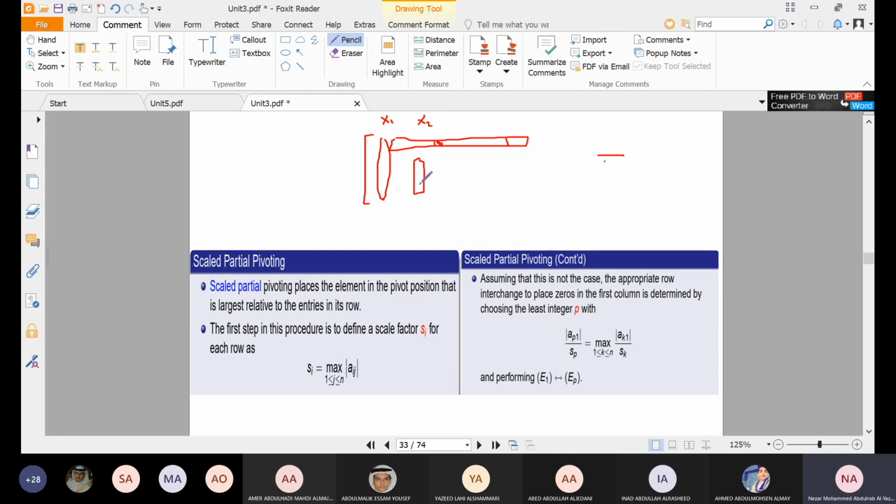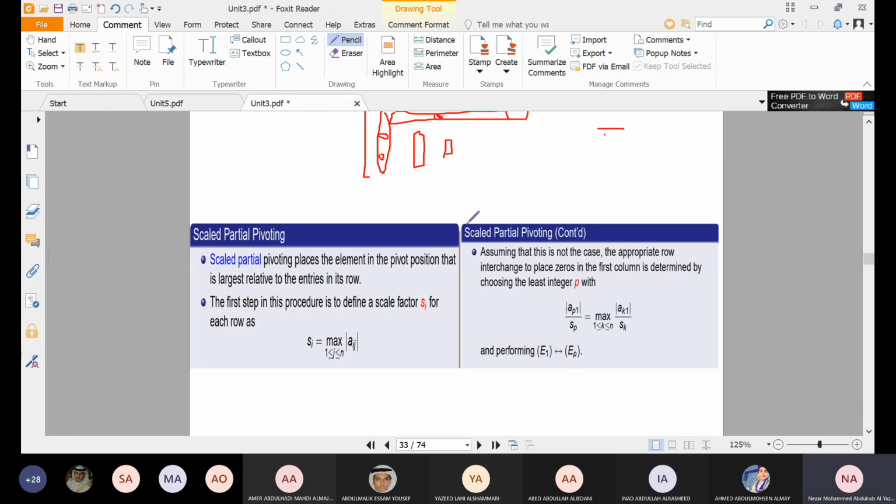This now will be the pivot position for x2, not this one, because that was only for x1. After the first step, these should be zeros. We have zeros here in the first column. We have only one coefficient. We'll do this for the second row, for the third row, like this. So at each step, we have to select the pivot element, and we do the ratio.